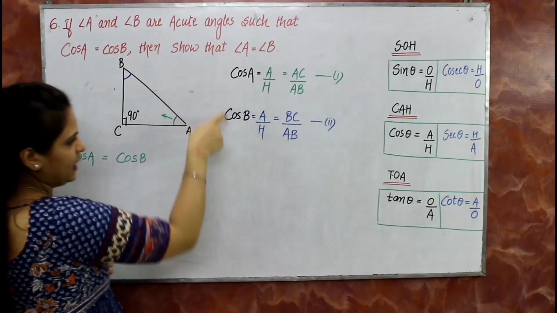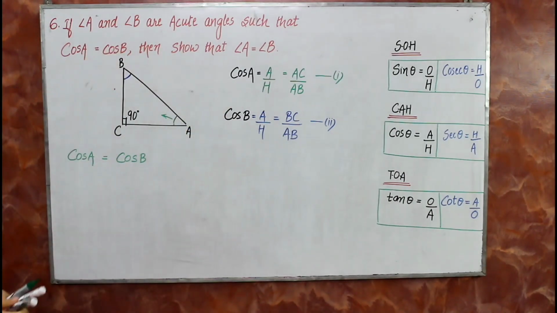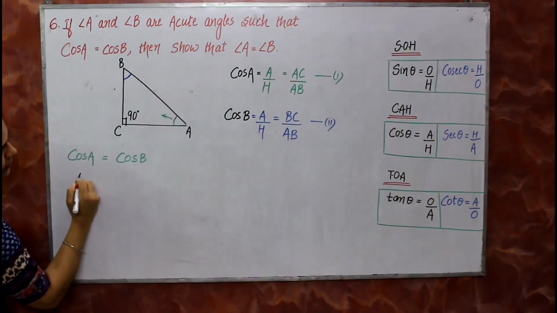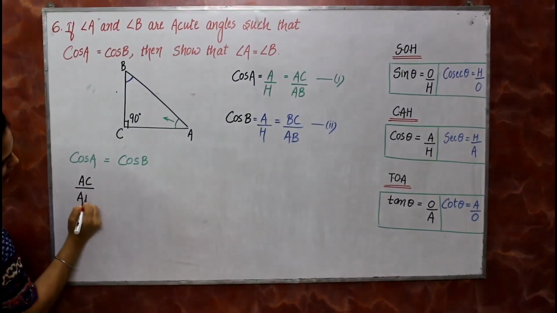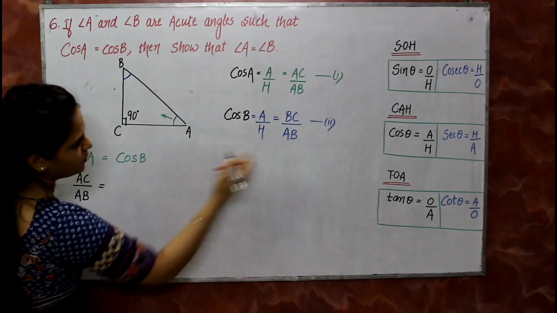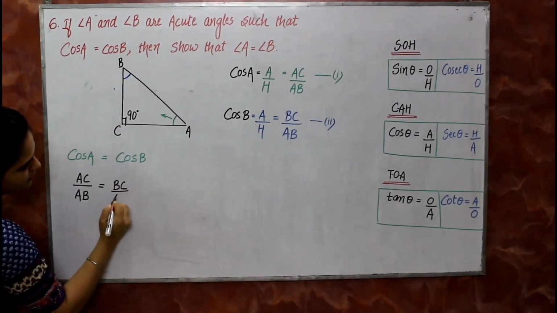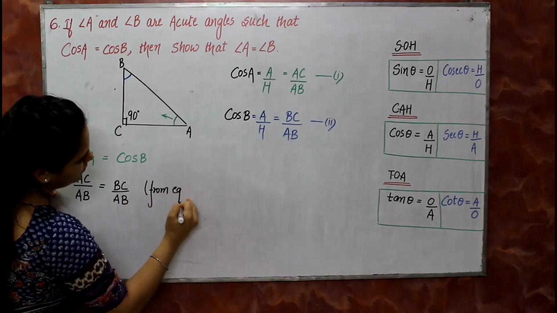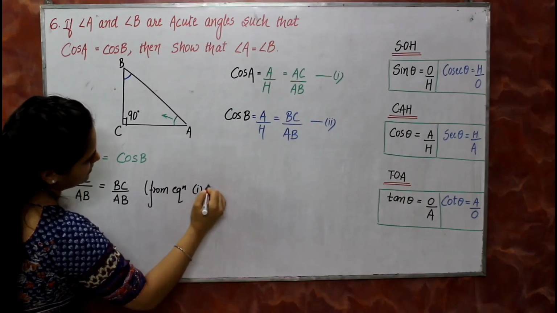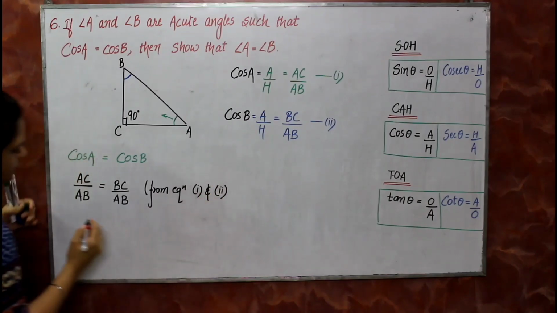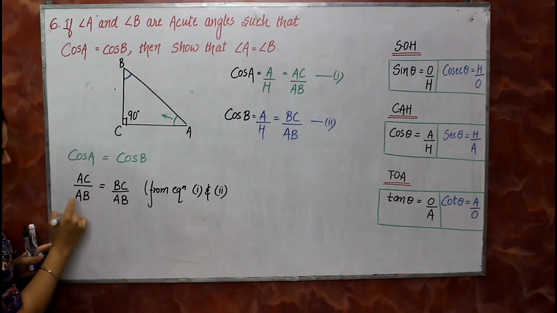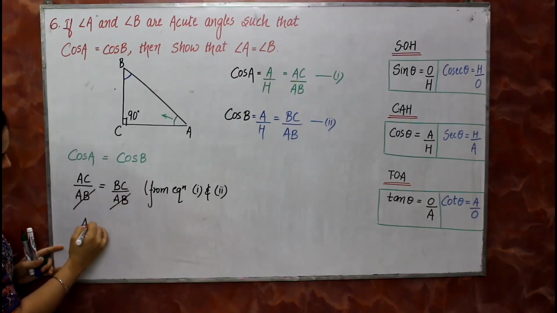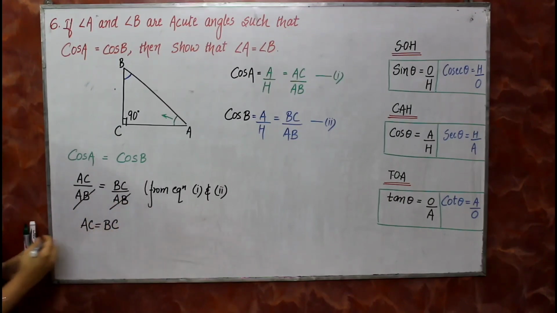Because both are equal, that is given in question, if you put those values of equation 1 and 2 in this, then cos A will become AC upon AB and cos B is equals to BC upon AB. This is from equation first and second. From there, you can see denominators are equal, so you can cancel them out, and AC is equals to BC.